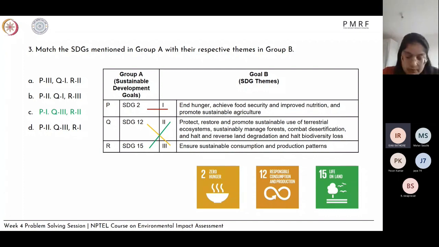And Sustainable Development Goal 15 is on life on land, which talks about protecting, restoring, and promoting sustainable use of terrestrial ecosystems, sustainably manage forests, combat desertification, and halt and reverse land degradation, and halt biodiversity loss. So option C is correct. That is P matches with 1, Q matches with 3, and R matches with 2.